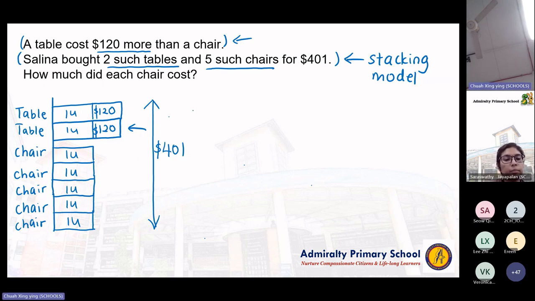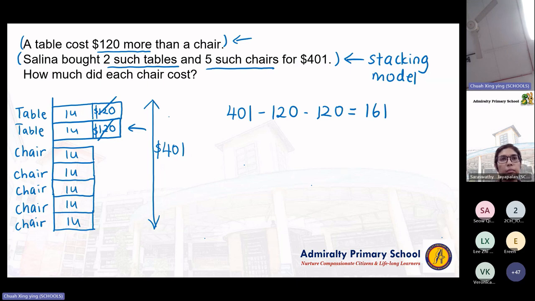So let's subtract 401, take away 120, and 120, equals to 161. Of course, there are many ways to do that.